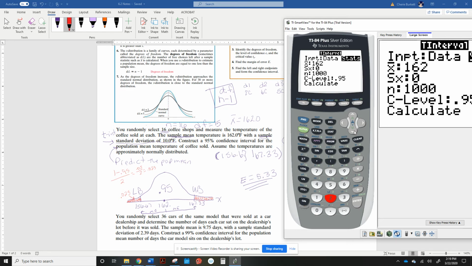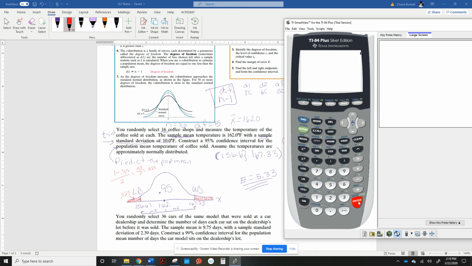My sample standard deviation is 10. And then my sample size, here they're asking for the size of my sample. They didn't ask me for the degrees of freedom. They asked me for my sample size. And then they want to know what the level of confidence is. So it's 0.95. And so we tab down to calculate and you press enter.